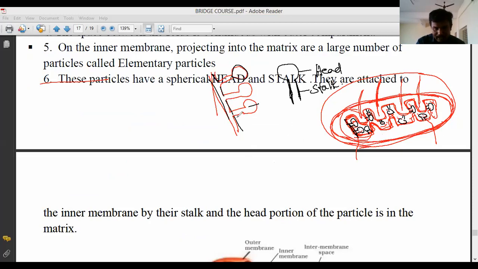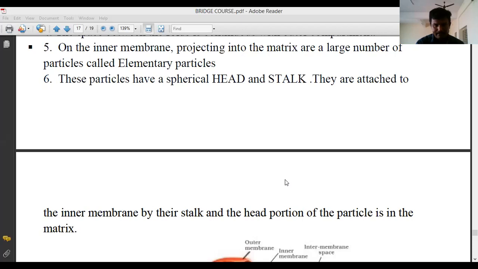This is the inner membrane, and these elementary particles are attached to it. This is called the stalk, and this is the head portion of the particle. They are attached to the inner membrane by their stalk, and the head portion of the particles is in the matrix.